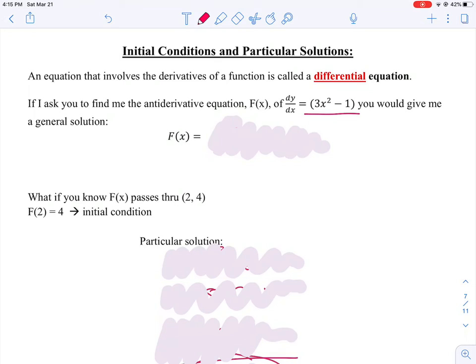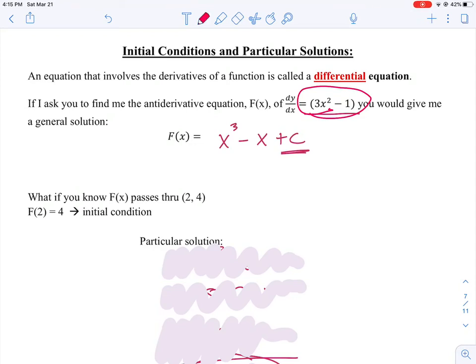So it says here an equation that involves the derivative of a function is called a differential equation. And so if I ask you to find me the antiderivative, big F, if the derivative is 3x squared minus 1, then we can use our power rule and we can say that if this is my derivative, then my antiderivative would have been x cubed minus x plus c.